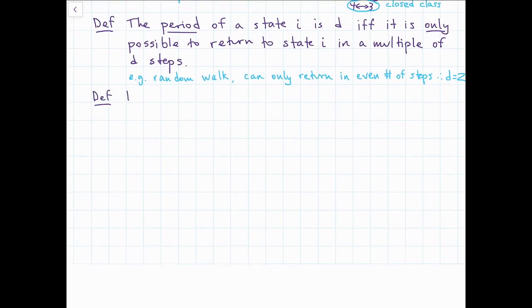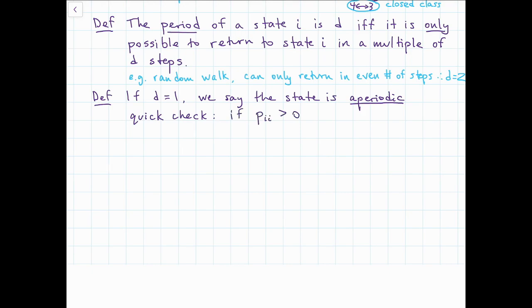If the period of a state happens to be 1, then we say the state is aperiodic. In other words, it does not have a period. If it's greater than 1, we say the state is periodic. And there's some cool, quick ways to check for aperiodicity. If P_ii is strictly positive, in other words, the ith diagonal element of that P matrix is strictly positive, then that state i is definitely aperiodic, because we can get directly from i back to i in one step.